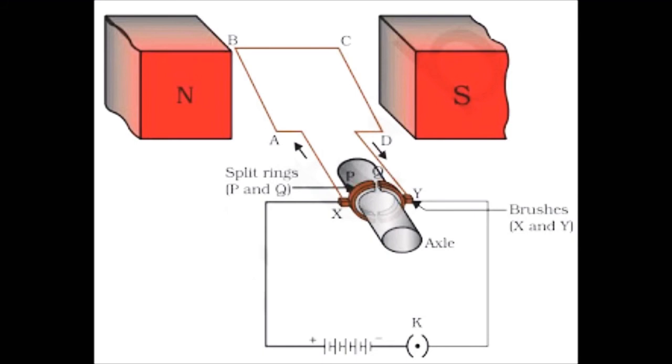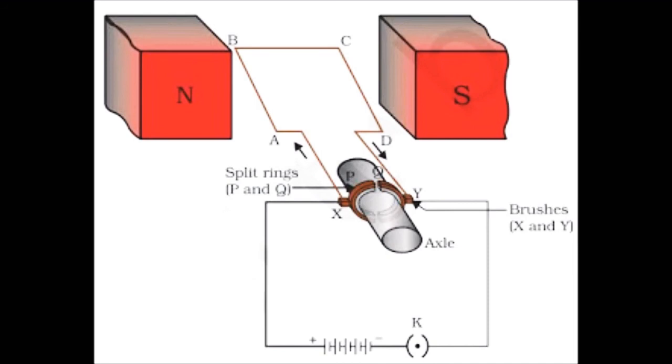Then the thumb shows the downward direction. It means AB goes down and coil CD rises up. As these are on the axle, they start rotating. For half rotation, at point P, brush X makes contact whereas Q makes contact with brush Y.